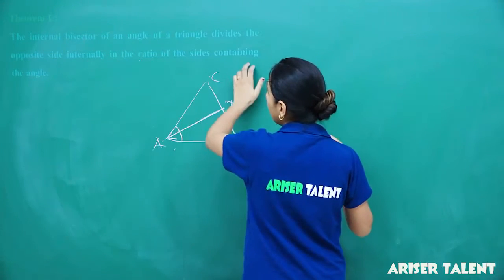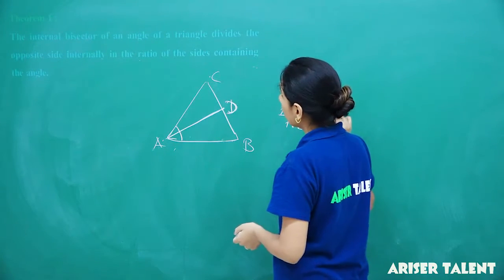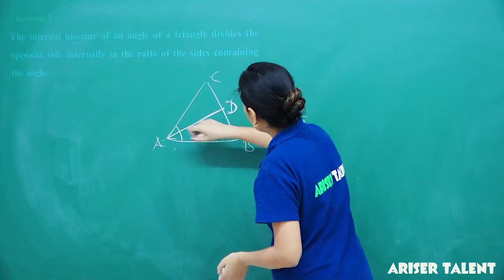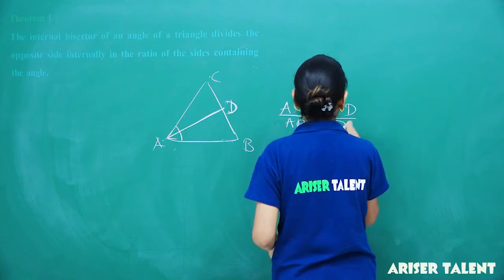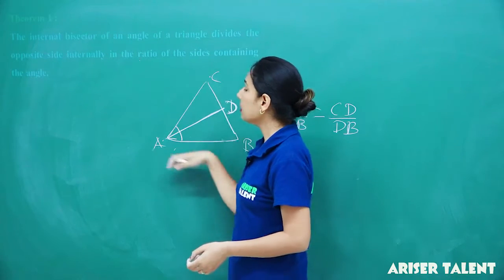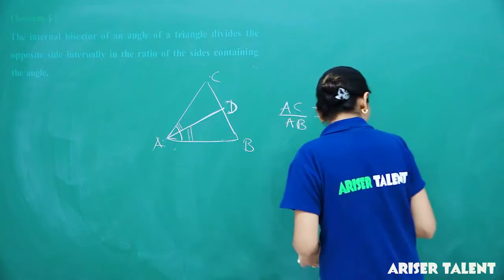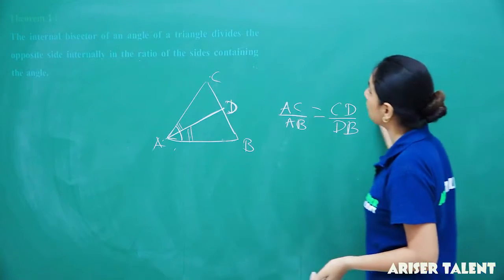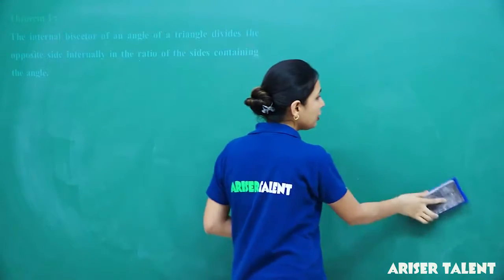This is the ratio of the sides containing the angle. So, this ratio will be equal to what? This ratio, CD by DB. So, we have to prove this. We will be discussing this theorem in our next lecture, right?